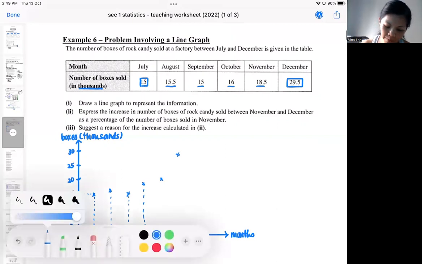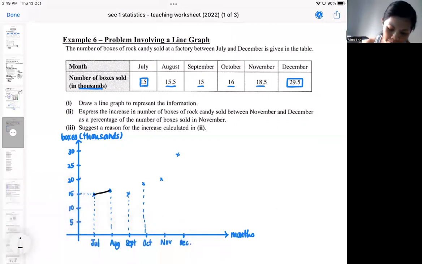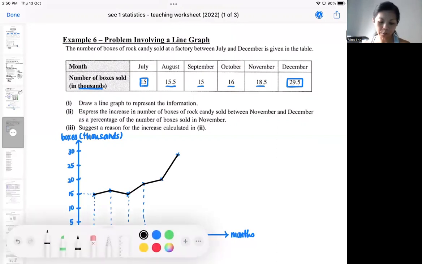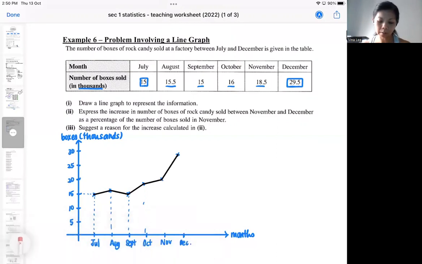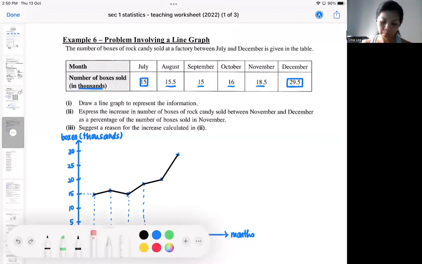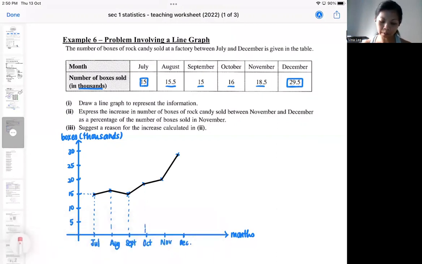So the line graph goes something like this, up, down, up, down. You don't have to show the dotted. The dotted is for your own reference so that it's easier to draw. I'm using iPad pencil. You should be using ruler, so it should be more accurate.